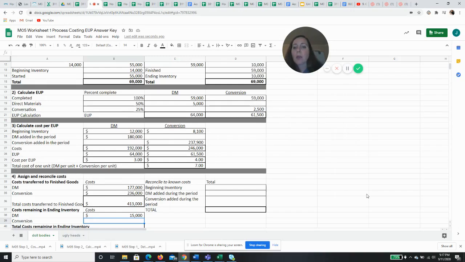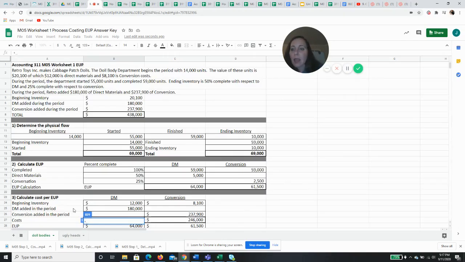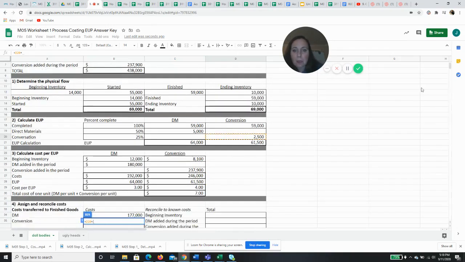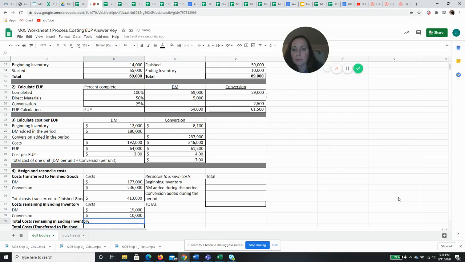My conversion costs, I'm going to do the same thing. I need to go up here and find my conversion ending inventory EUP of 2,500 and multiply that by my cost per EUP for conversion of $4. So that's going to be 10,000.